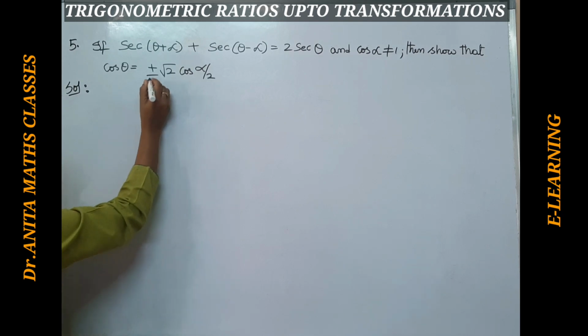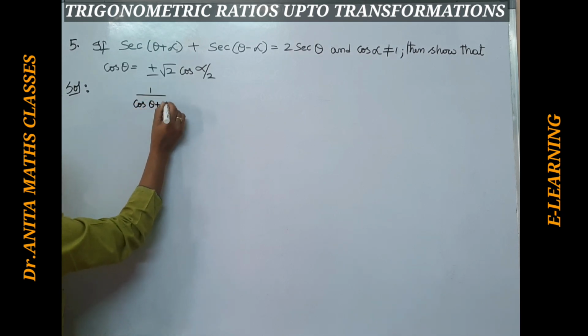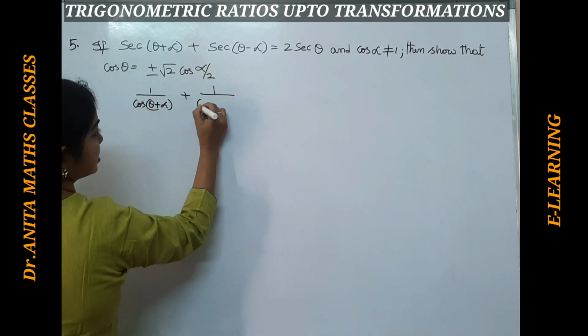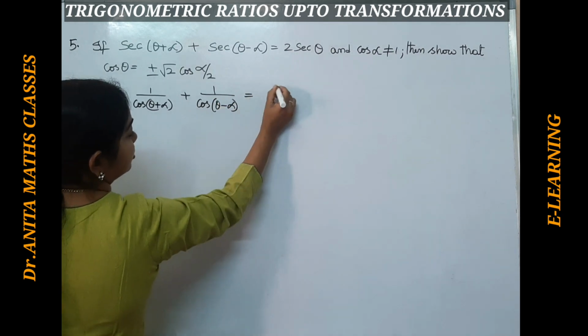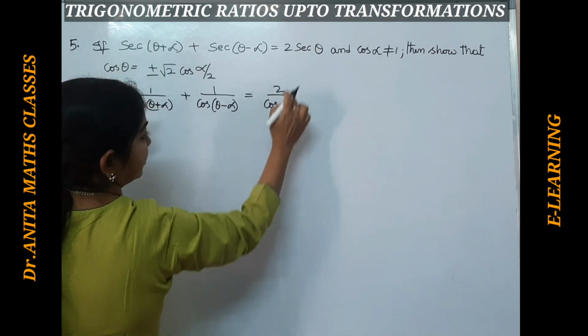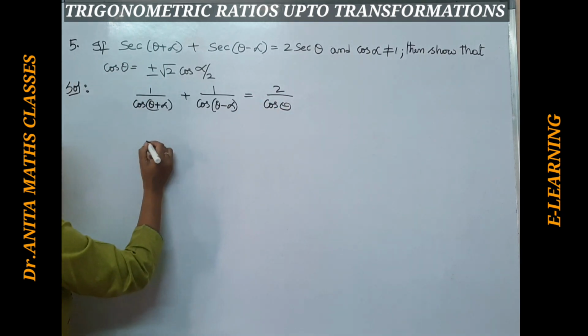So I can write this as 1 by cos theta plus alpha and this as 1 by cos theta minus alpha is equal to 2 by cos theta. So this given thing we have written into cos, right? Now we will start with this LCM part.